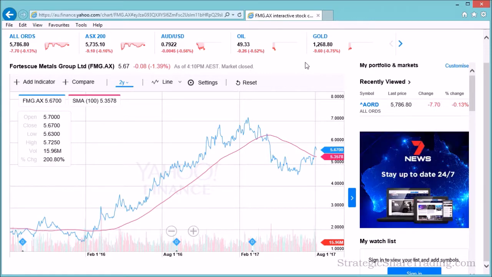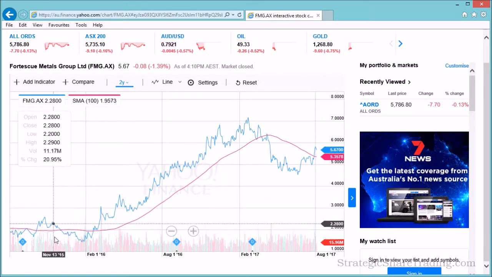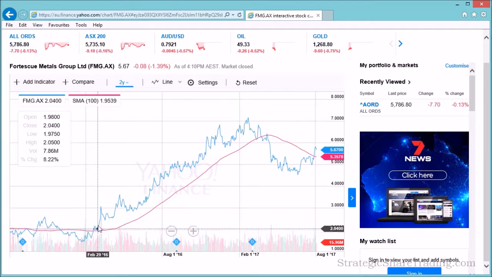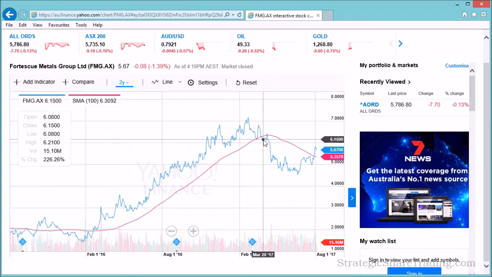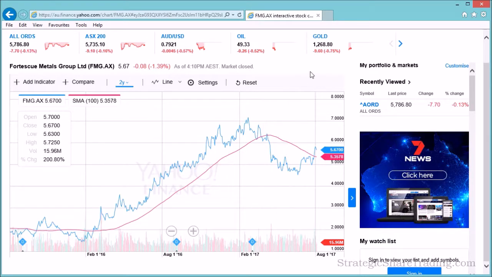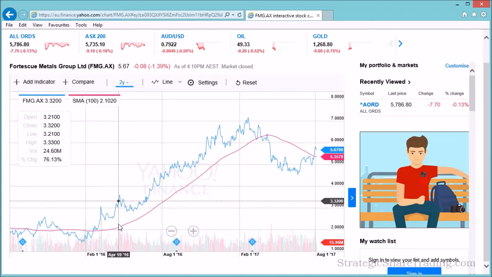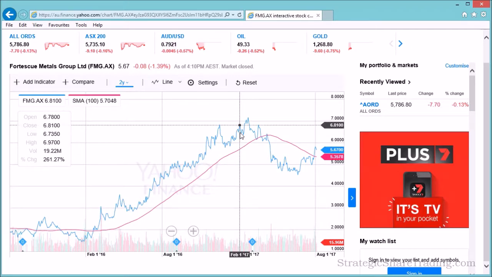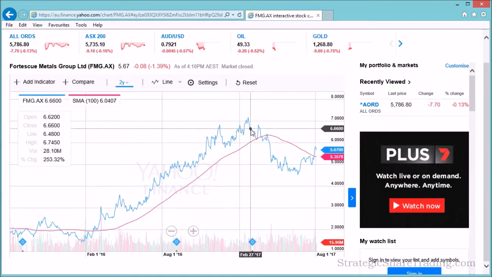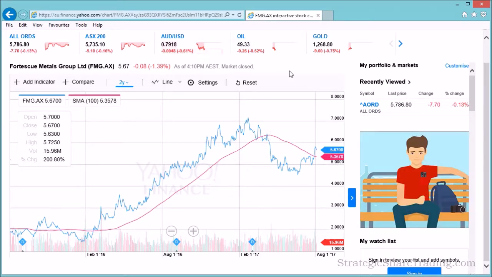And if we bought when the price crossed above the moving average here, and sold it when it went below the moving average here, we would have done very well. Moving averages aren't so good when the stock is going sideways, but when there's a trend underway like this uptrend here, they're great for warning you when to get out. The price crossing below the moving average is a sell signal.